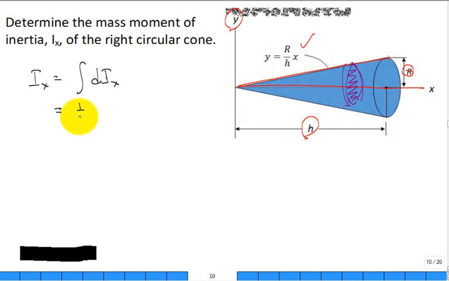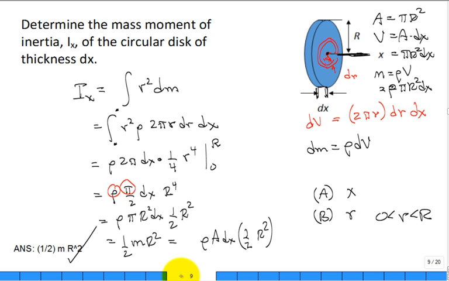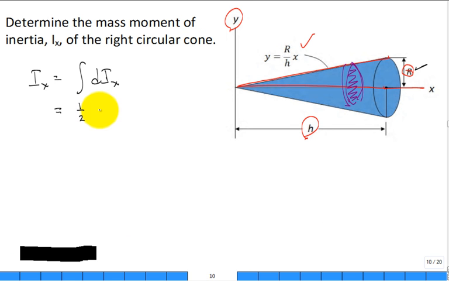Wasn't it 1/2 R squared? But here we have to be careful. In the previous equation, R was the current radius of our disk. And so what we have is this current radius is y. That's what it is, isn't it? Y.